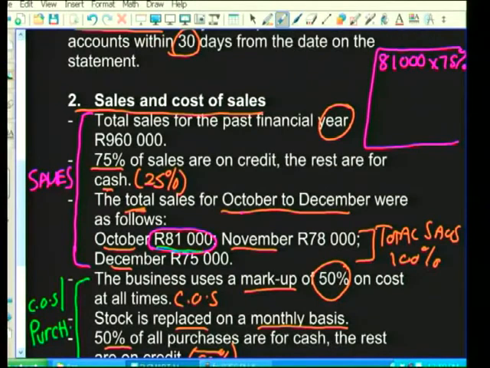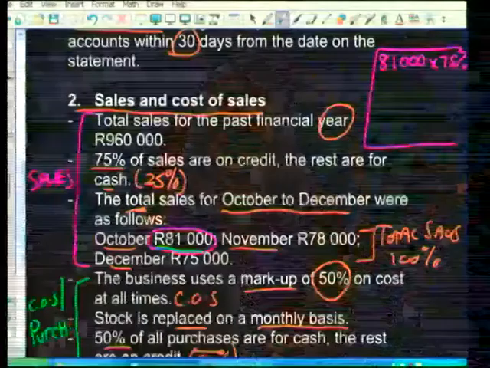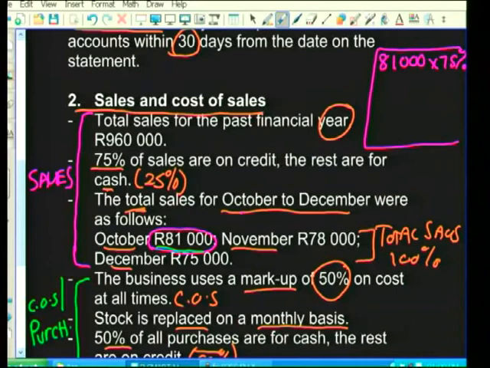Remember, I want cash sales, and if we go further up, 75% of sales are on credit. No, I don't want credit. The rest are for cash. So the 25% of 81,000 is going to give me my cash sales for October.